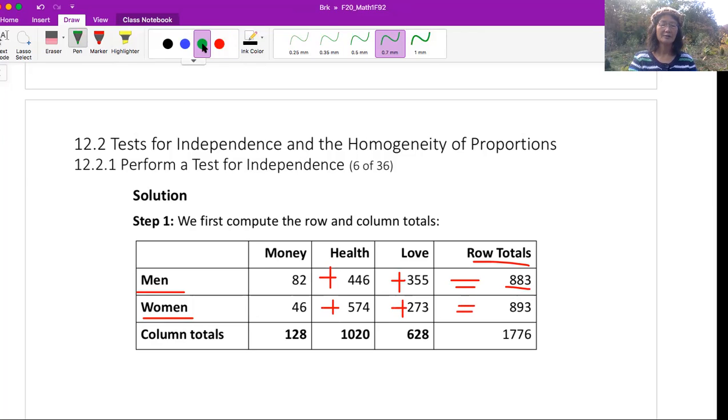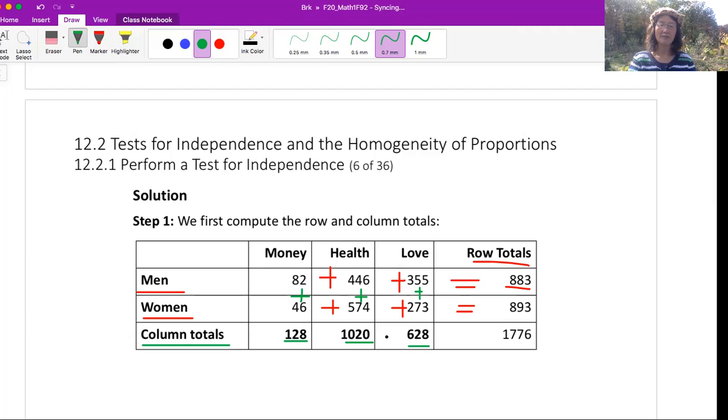And then we calculate column totals. For column totals, you add these two numbers, 82 plus 46, equal to 128; 446 plus 574, 1020; 355 plus 273, 628.